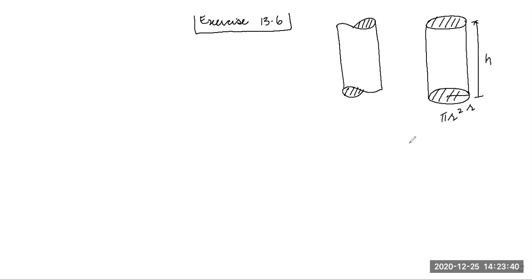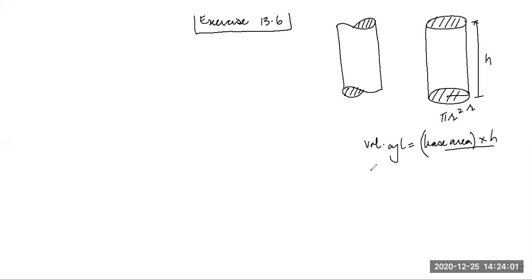So as we know the formula, the volume of a cylinder would be equal to, what is our standard formula? Base area into height. This is our standard formula to find out volume, but only for a regular 3D figure.